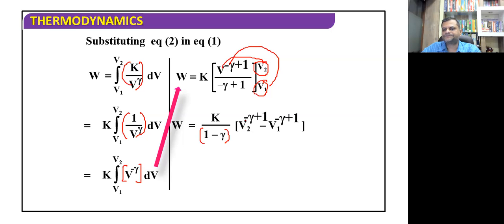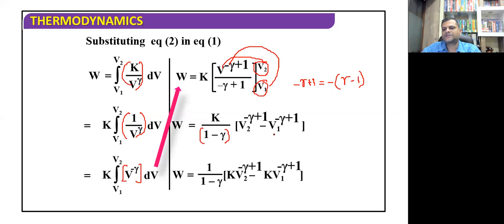But as we know, minus gamma plus 1 can be written as minus of gamma minus 1, correct? So we can just write it that way in the denominator here.